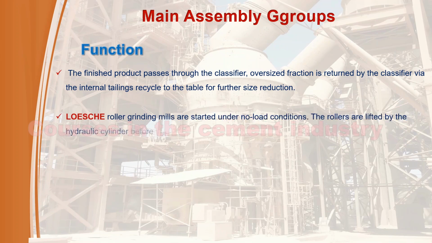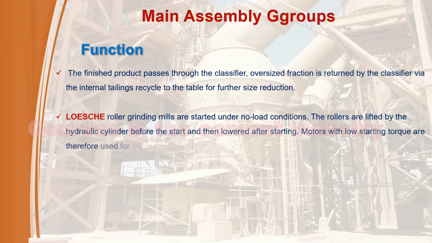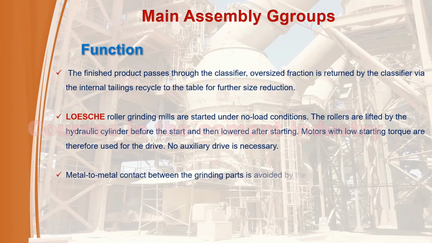The rollers are lifted by the hydraulic cylinder before the start and then lowered after starting. Motors with low starting torque are therefore used for the drive. No auxiliary drive is necessary. 7. Metal-to-metal contact between the grinding parts is avoided by the use of buffers or proximity switches.